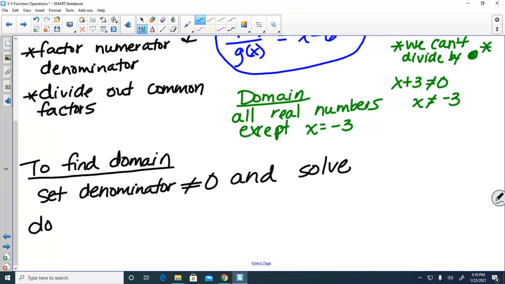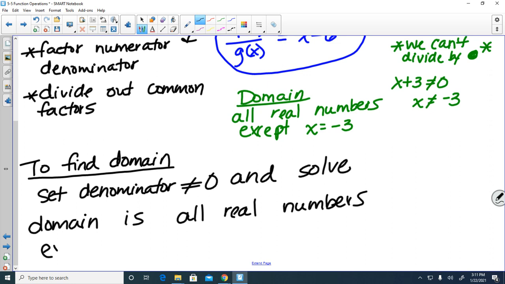And then your domain is all real numbers except whatever you got whenever you set that denominator not equal to 0.